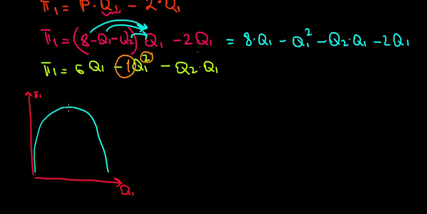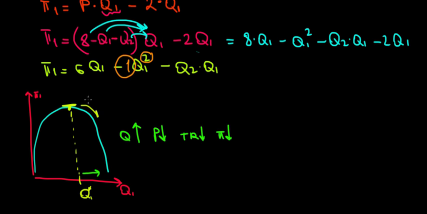We're interested in the peak of the graph, the quantity that is going to maximize the profit for the first company. The reason profit starts falling is that beyond a certain point, when production increases a lot, the price is going to fall and respectively the total revenue is going to start falling.